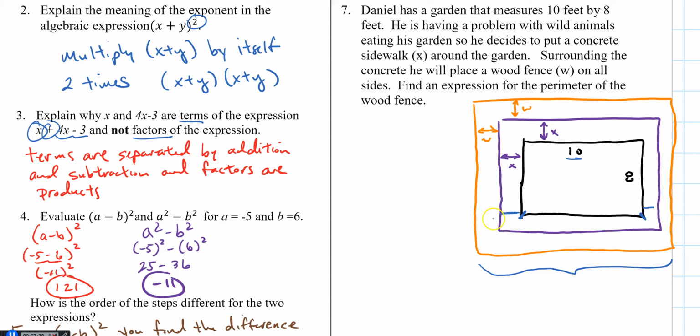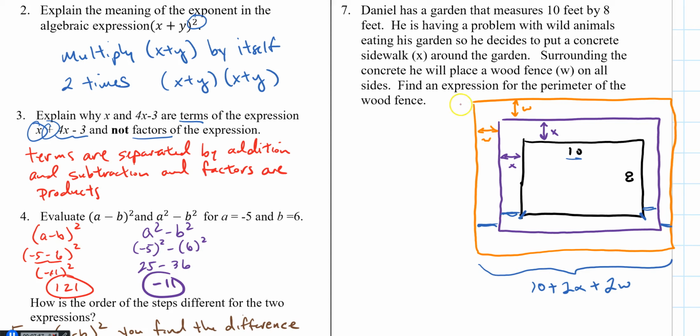And then we have w more and w more. So what do we have total? Well, we have 10 plus 2x, plus 2w. So that's going to be my new length of the fence.